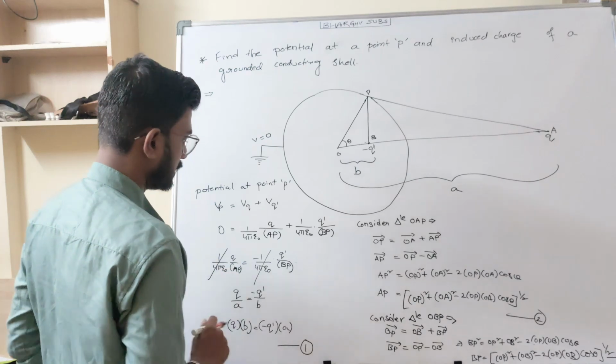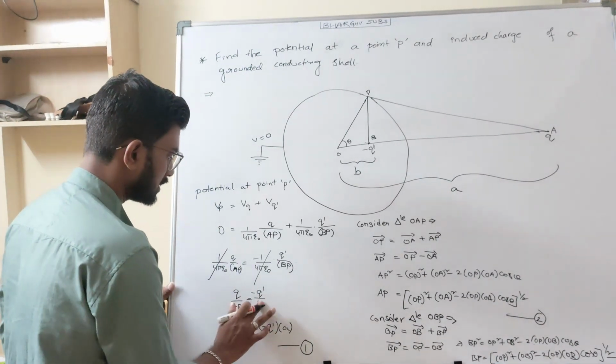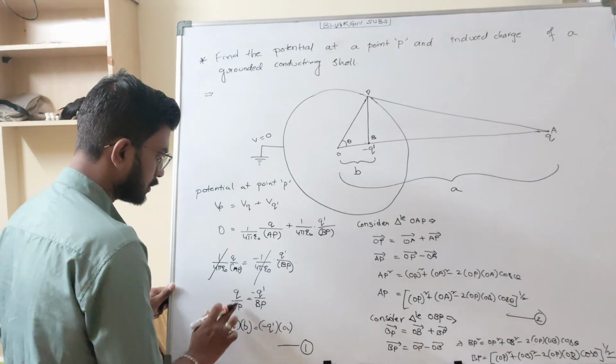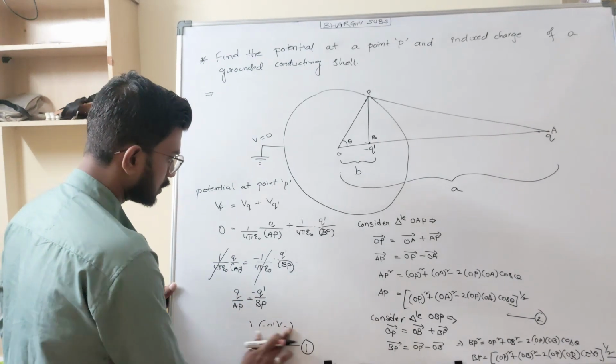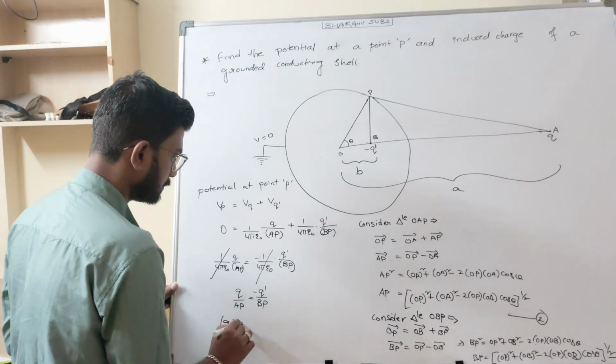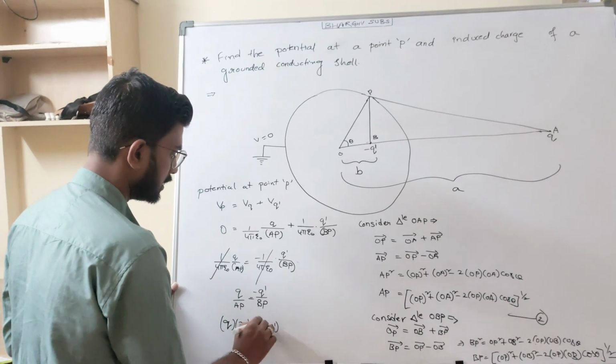So Q by AP is equal to minus Q dash by BP, and Q into BP is equal to minus Q dash into AP.